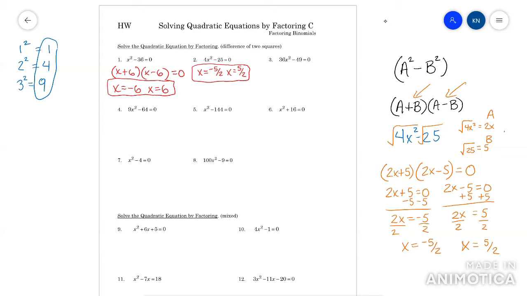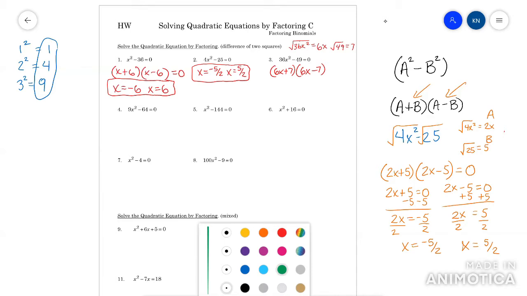Okay, this third one, if you square root 36x squared, you get 6x. If you square root 49, you get 7. So this one is 6x plus 7, 6x minus 7. And by the way, it doesn't matter which one you put plus or minus first.